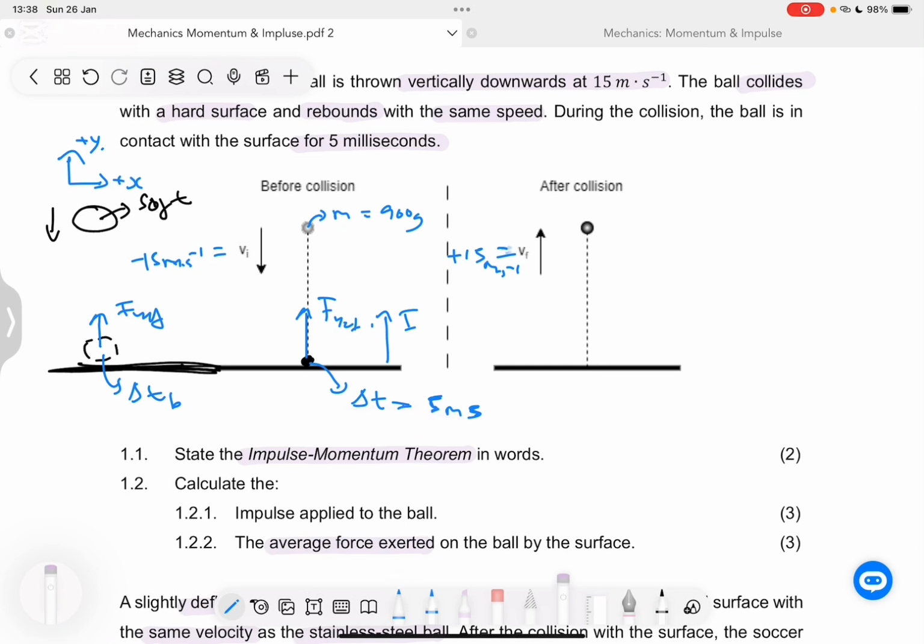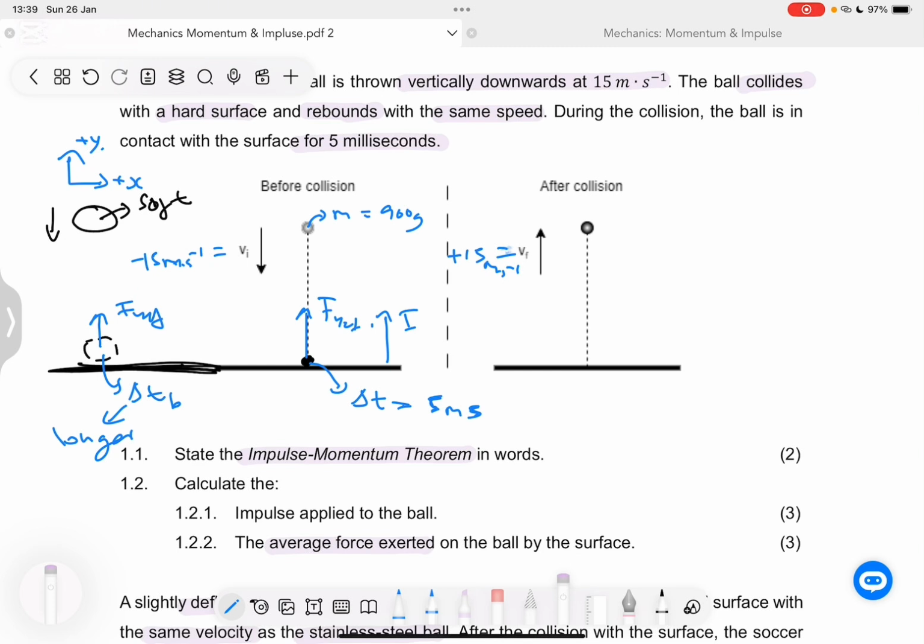Now, you have to notice that this ball, because it is soft, it is deflated, it will be in contact with the surface longer than it is here. It will take a long time here, even though we're not told that time, but it will take a longer time to be in contact with the surface because it's soft. It will spend time, our varying forces, when the forces here emerge, they will take time to push back this object with this force here, the average of all those forces.